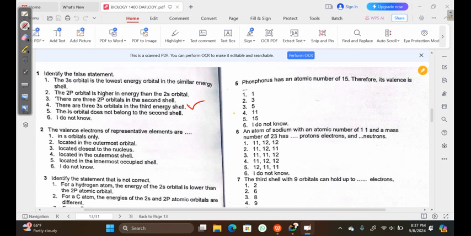Option 3, which is saying there are 3 2p orbitals in the second energy shell. So let's do this. You know that the ground state of atomic orbitals of atoms is going to have 1s, then you have 2s. What comes next is 2p, right? Then you are going to have 3s, then 3p, then there comes 3d.